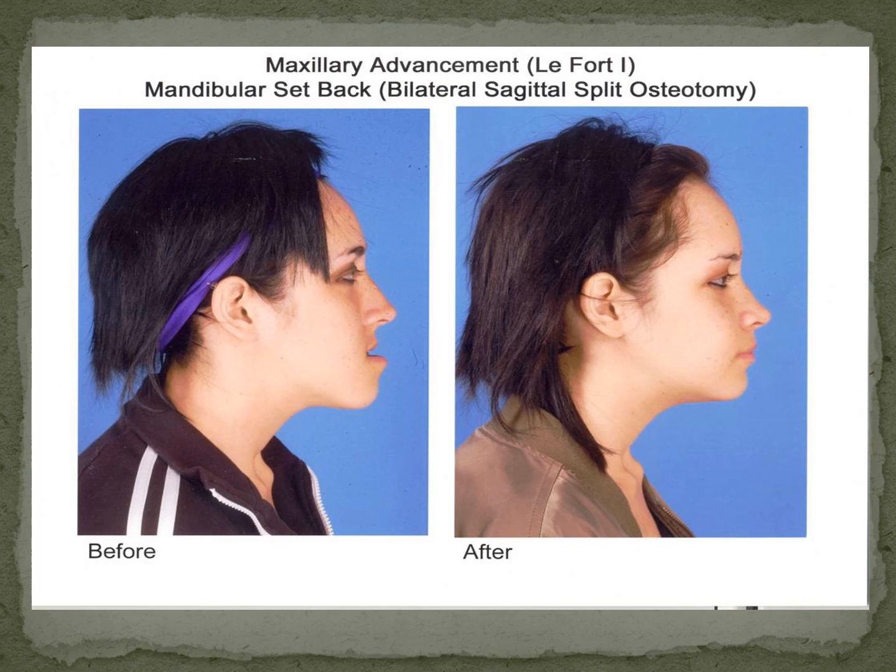But normally, from a normal orthognathic point of view, the most common are vertical maxillary deficiency, mandibular excess, mandibular deficiency, prognathic mandible. These types of patients we go for Le Fort 1 osteotomy, or genioplasty like that.